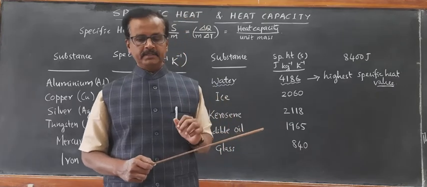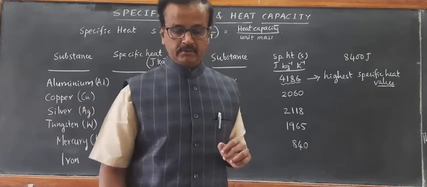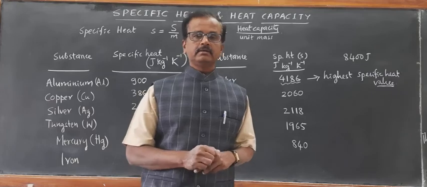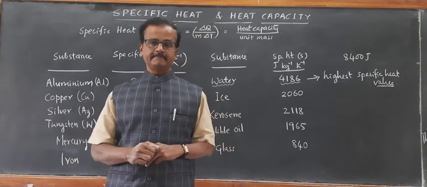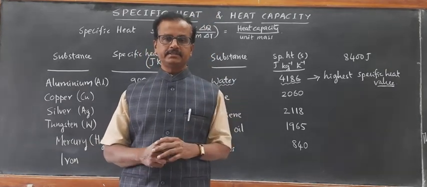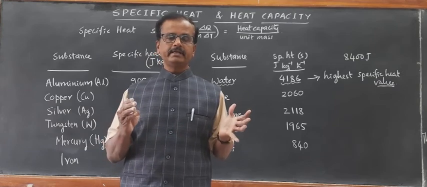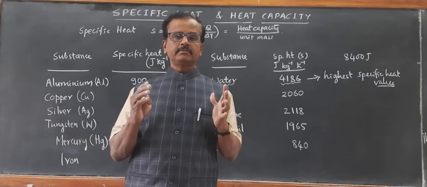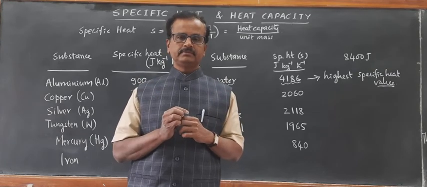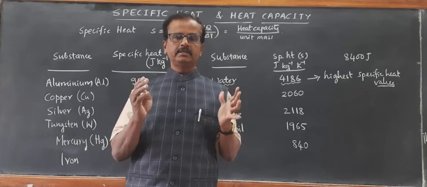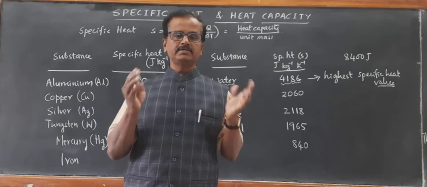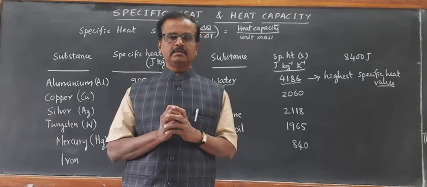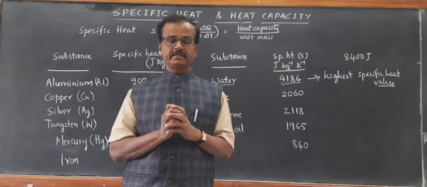Okay. In the next video, we will learn about a very important topic, that is calorimetry. Calorie is related to heat. So calorimetry is the study of measurement of heat. How heat can be measured in terms of calories, how heat can be measured in terms of joules. That is what we learn as calorimetry.